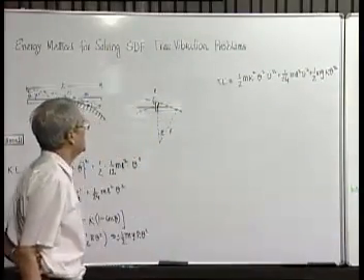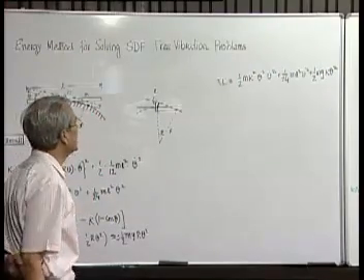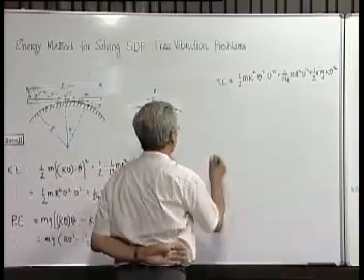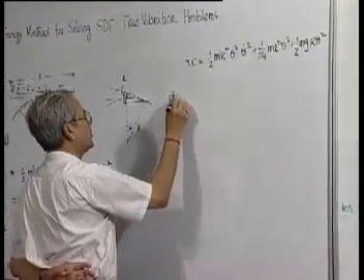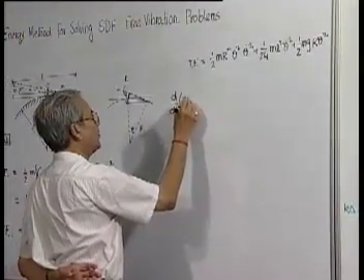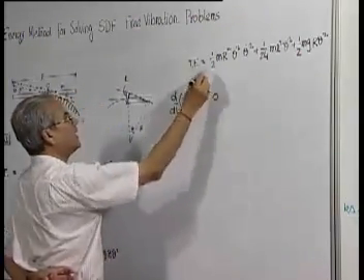This is the total energy, and we now apply the conservation principle, which says that total energy is constant. That is, we differentiate with respect to time and put it equal to 0. This leads to what?